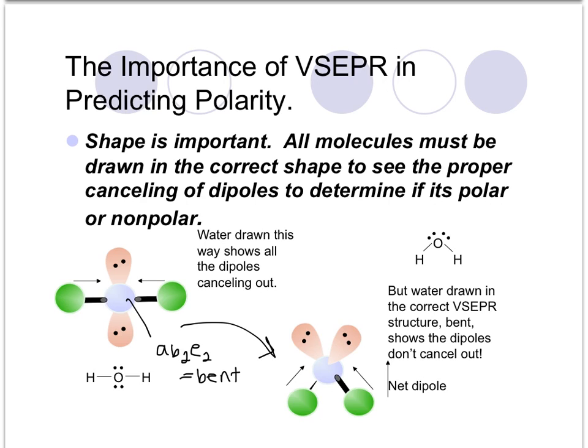If we were to draw our dipoles, you can see that they are of equal but opposite direction, and so they would cancel out, and we would say that it is nonpolar. But that is not actually how the molecule presents itself. Really, the dipoles are both moving in the same direction, keeping that net dipole and making that molecule polar.